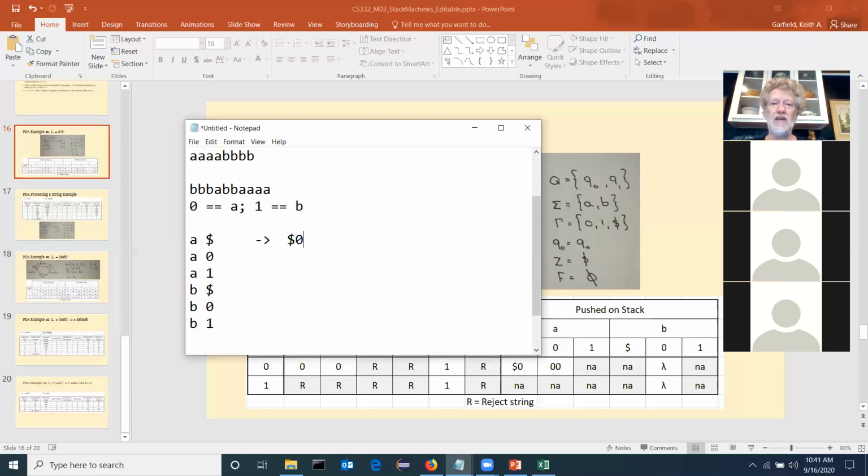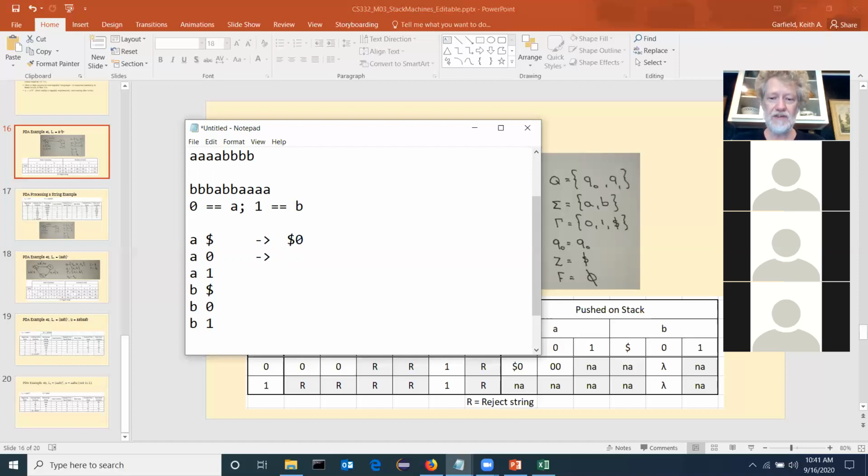And as long as I have zeros on top of stack, what it means is I've seen more A's than B's. So I'm going to do like I did before. Every time I see an A, I'm going to push a 0 on the stack. Every time I see a B, I'm going to pull that 0 off. And as long as I have a 0 on top of stack, it means I've seen more A's than B's.